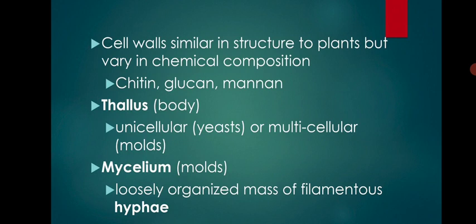Monokaryotic mycelium is uninucleated, containing a single nucleus, that usually forms the haplophase in the life cycle of a fungus. Dikaryotic mycelium is binucleated, containing a pair of nuclei, that is a dikaryon, which denotes the diplophase of the life cycle of a fungus.